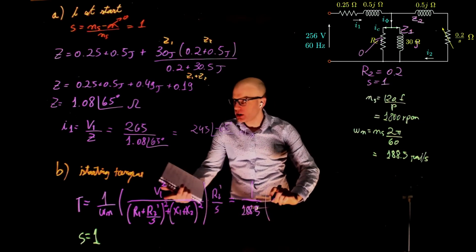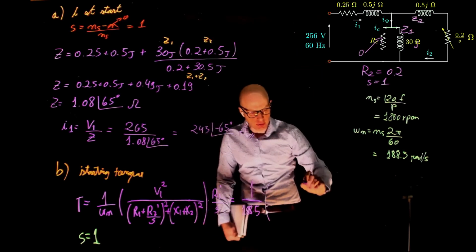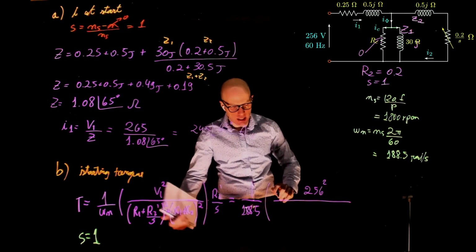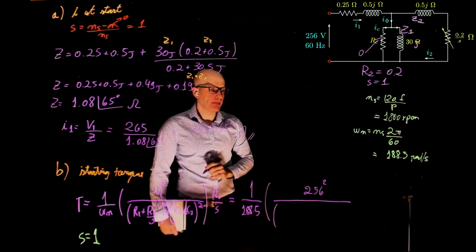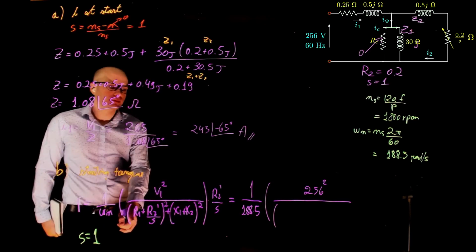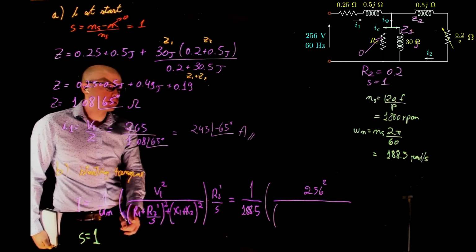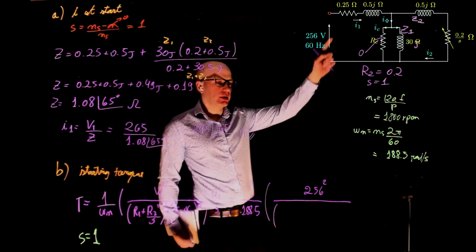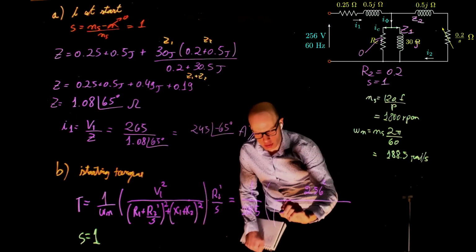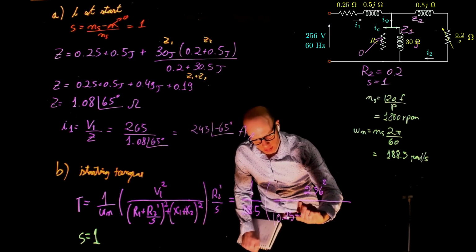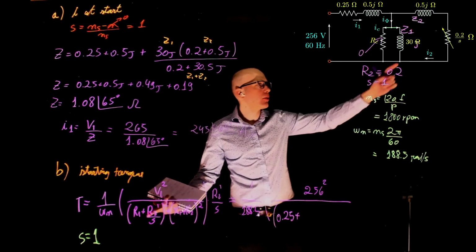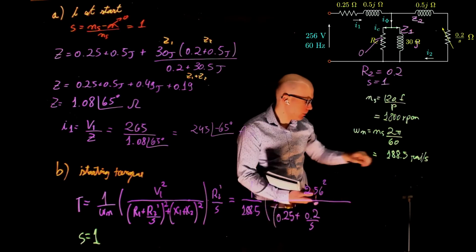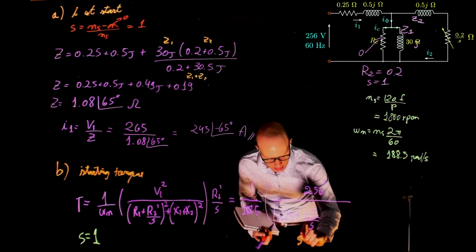We have V1, the input voltage given here, 256 squared divided by, what is R1? 0.25, right? Yeah, very good. 0.25 plus, what is R2 prime? 0.2 over S. But when the motor starts, S is equal to 1.